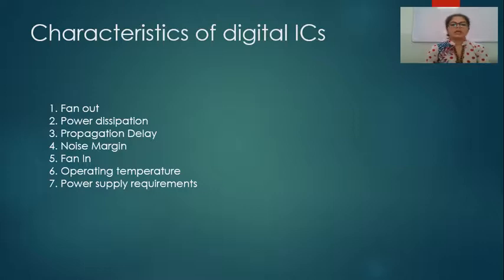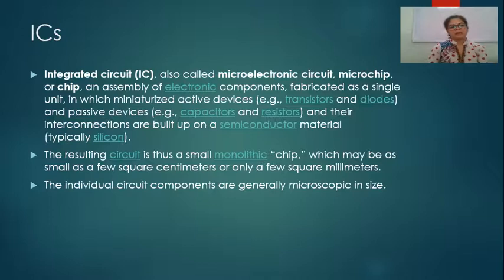So let's start with the characteristics of digital ICs. As I explained at the start of the video, when I explained the IC, I gave you a real life example of a washing machine.